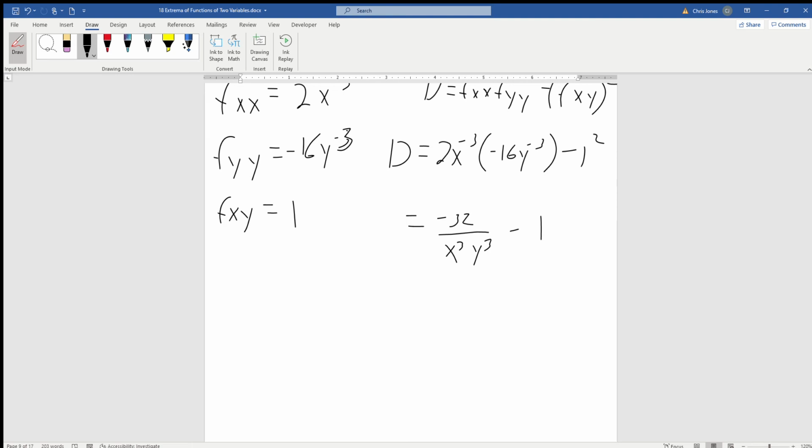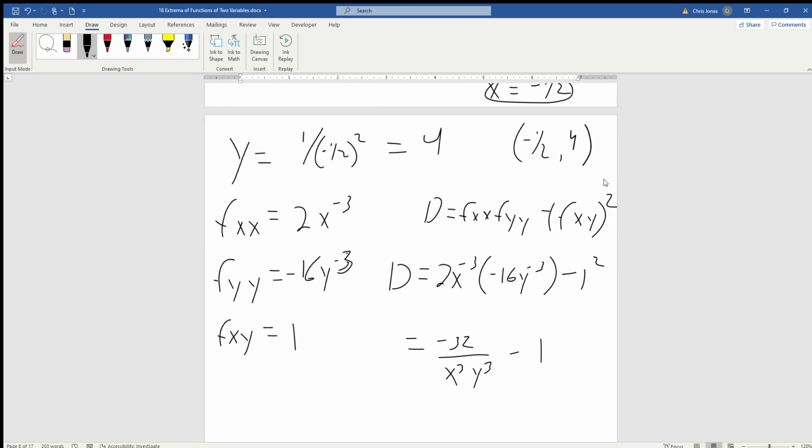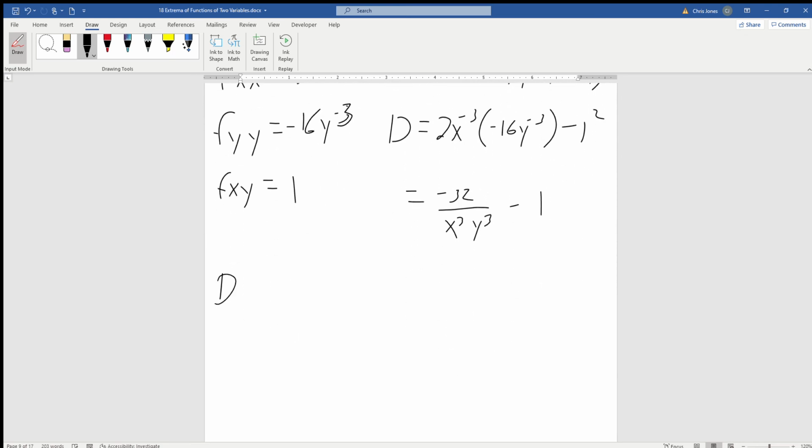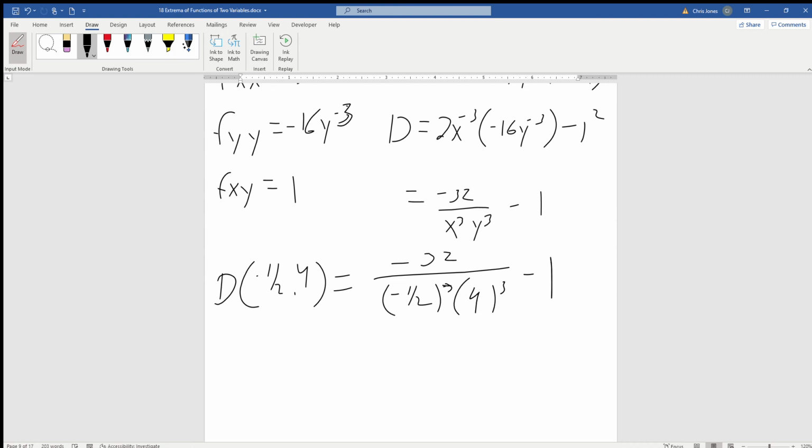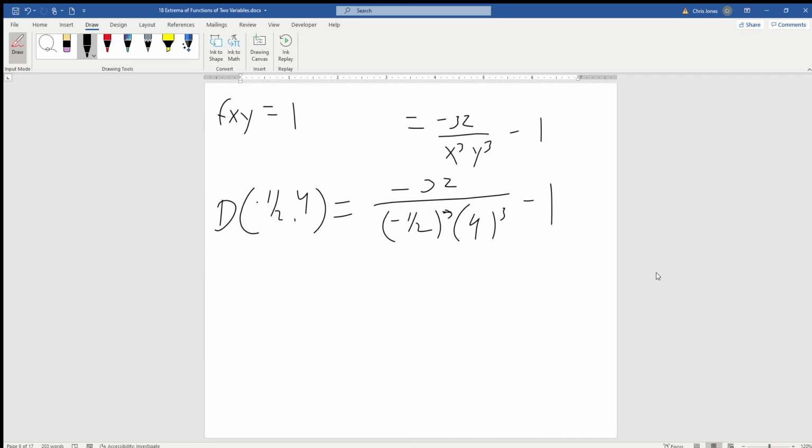Fortunately, we only have one value to concern ourselves with, and that one value is going to be (negative 1/2, 4). And so D at (negative 1/2, 4) is going to be equal to negative 32 over negative 1/2 cubed times 4 cubed, minus 1.